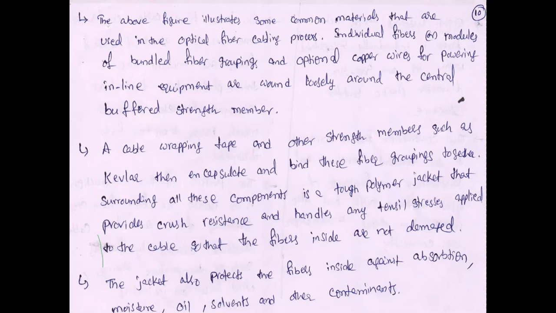The final jacket, the outer sheet jacket, is also used, which protects the fibers inside against absorption, moisture, oil, solvent, different types of physical damage and noises.